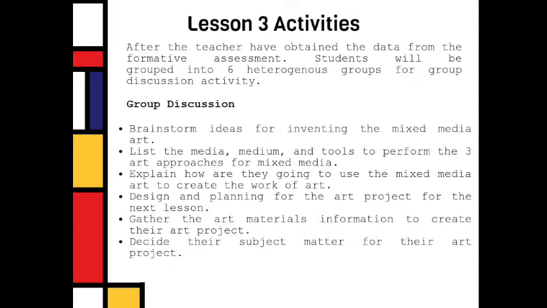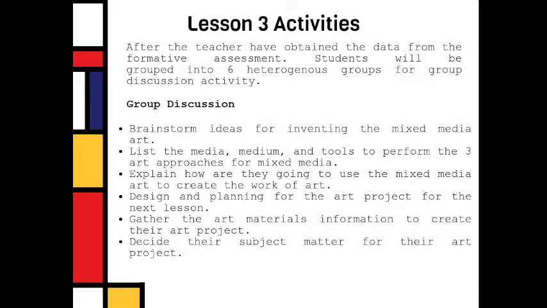So for the lesson 3 activities, after I have obtained the data from the formative assessment from the previous lesson, I will group students into 6 heterogeneous groups for the group discussion activity.